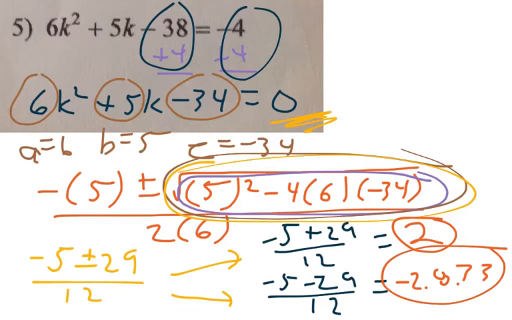Now, what again does that 2 and negative 2.833 mean? Let me fix my 3 there. It's being stubborn here, guys. There we go. What does those two answers, 2 and negative 2.833, mean?